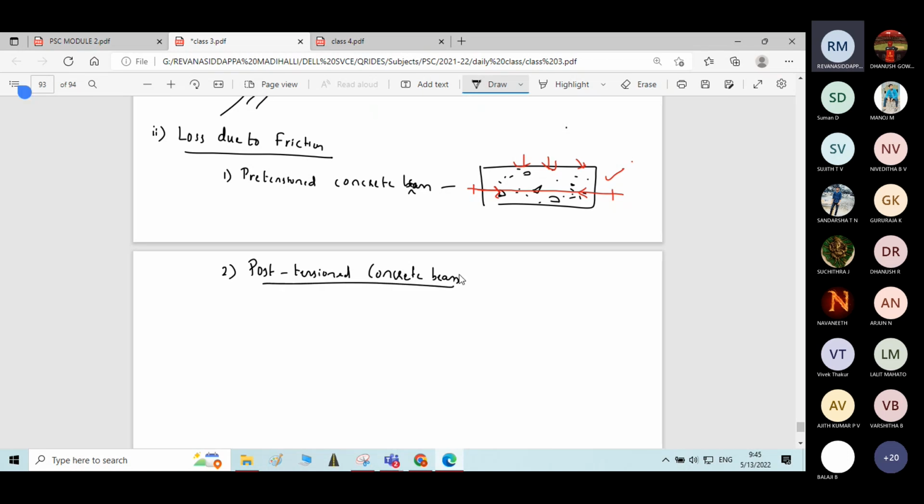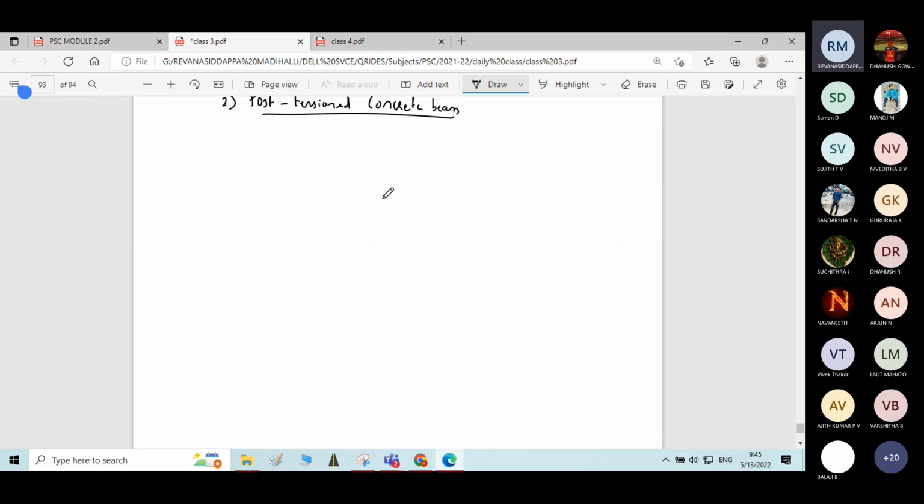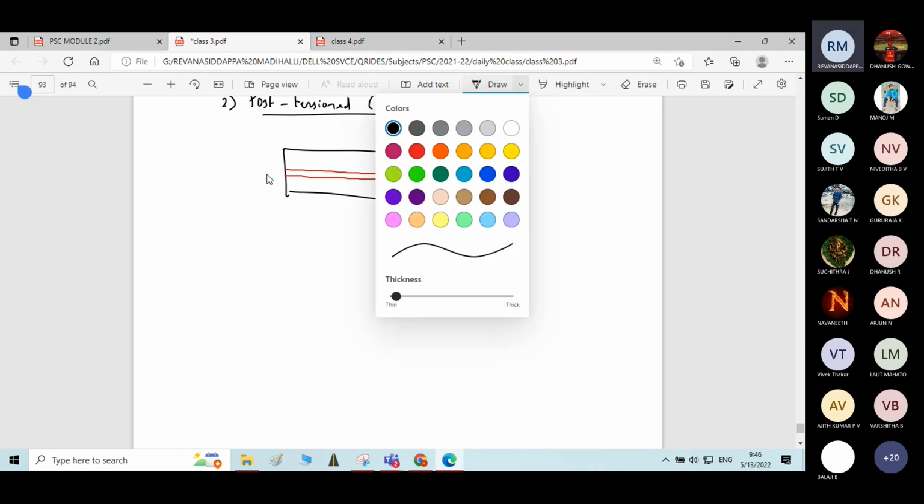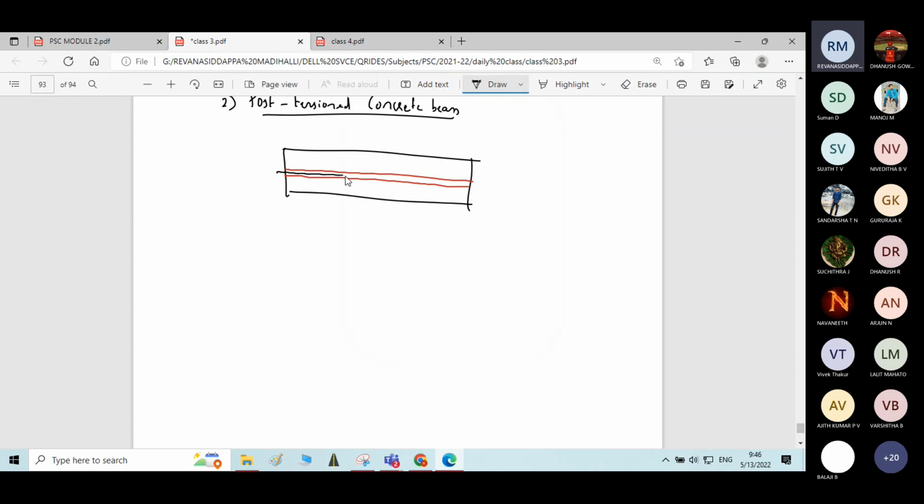Here we need to calculate the loss due to friction. In a post-tension concrete beam, what happens? There will be ducts provided in the member. Initially, they will place the concrete. After that, we will stretch the cable which is taken through the ducts.